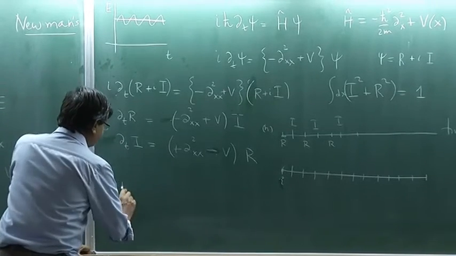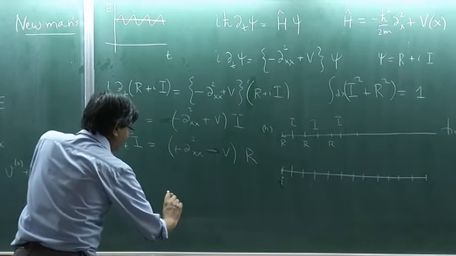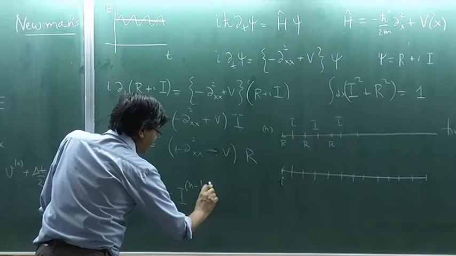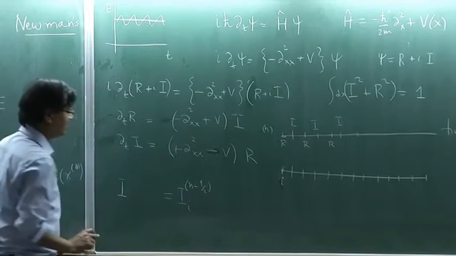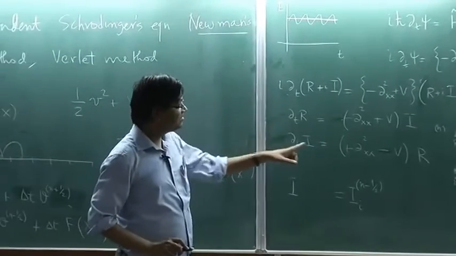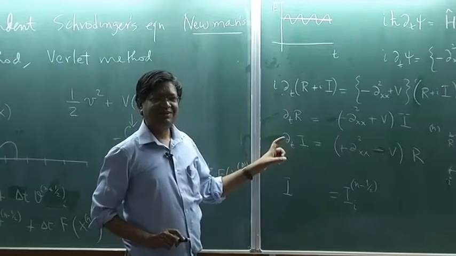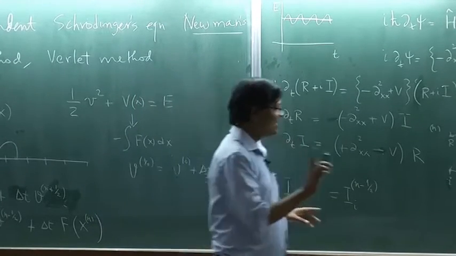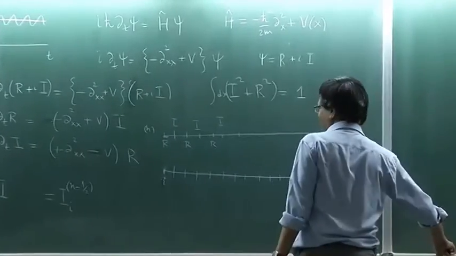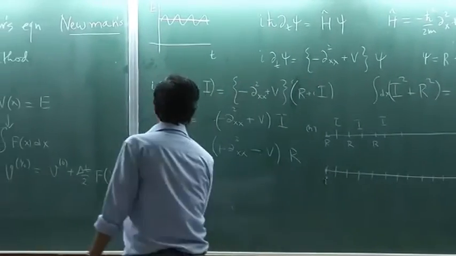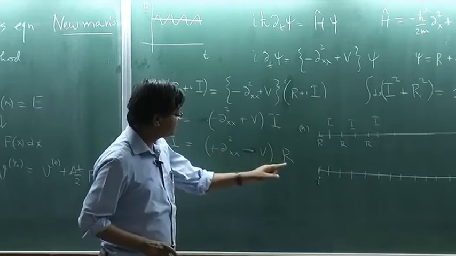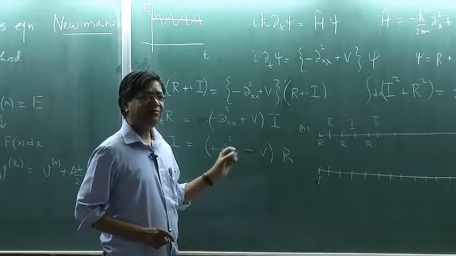So I know I at n plus half and n minus half, at position i. When I discretize it, what happens if I do the finite difference? Let me do one more step for this equation only, because I don't want to confuse everyone. Now I discretize this equation in position.